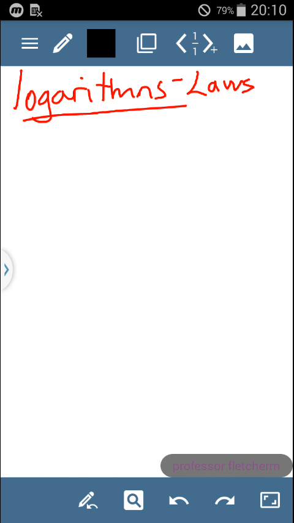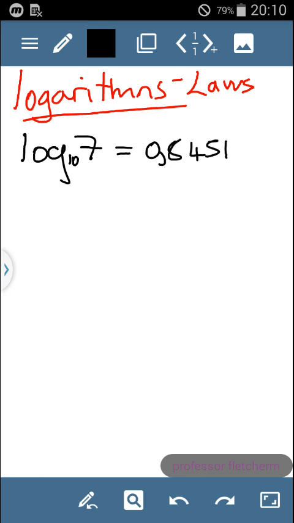So let's say you are given this one. It's assumed knowledge: log 7 base 10 is equal to 0.8451.